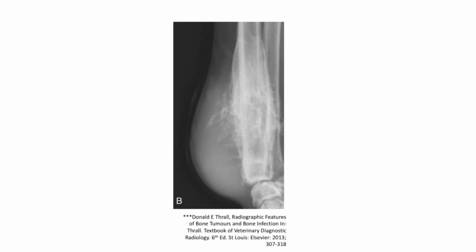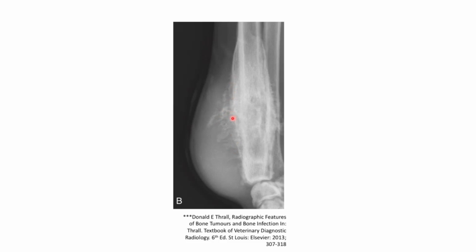Here we've got a mediolateral view of the distal radius of a dog, and we have a really highly irregular, exuberant periosteal reaction on the cranial surface of this distal radius. Now, this periosteal reaction is extending sharp little tendrils into the adjacent soft tissues, so it almost looks spiky.